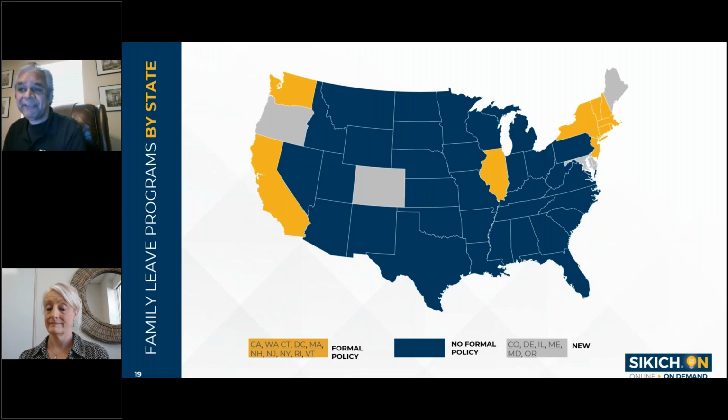Whereas the states in orange currently have formal policies. Going forward in 2024, about 5 states are joining the mandatory states: Colorado, Delaware, Illinois, Maine, Maryland, and Oregon. They will have their own state written policies for leave.